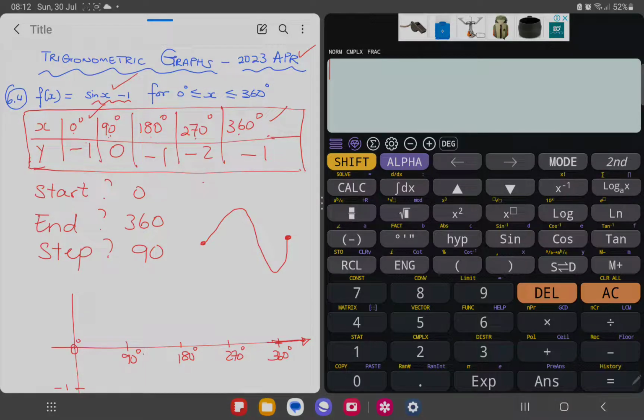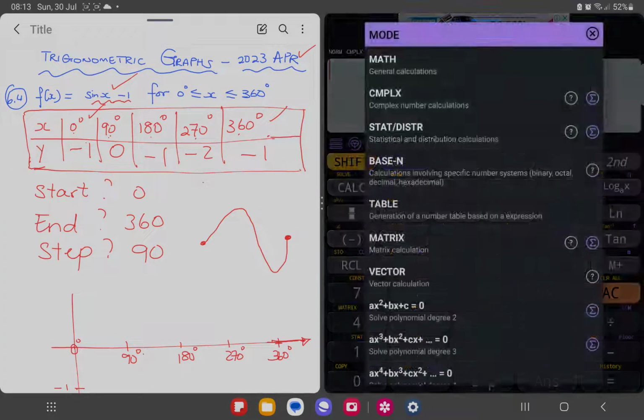Then how to calculate the value of y? We're going to use the calculator that is on your right hand side to find the values of y. So how to calculate using the table method from your calculator. Firstly, you must select mode.